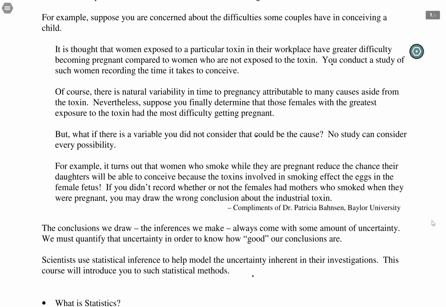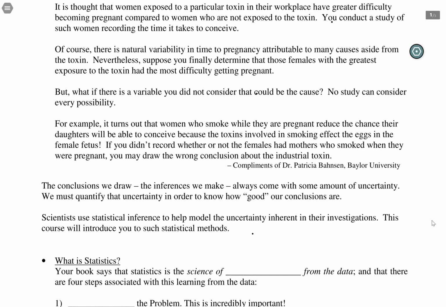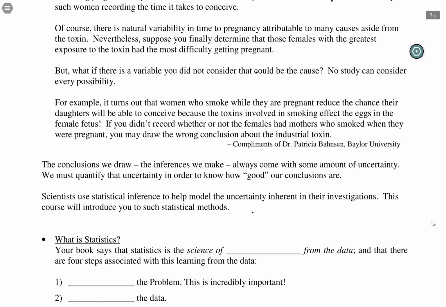Okay, but what if there's another variable you did not consider that could be a cause? Maybe what if there's something else there? No study can pick up every possibility. For example, it turns out that women who smoke while they are pregnant reduce the chance that their daughters will be able to conceive because the toxins involved in smoking affect the eggs in the female fetus.